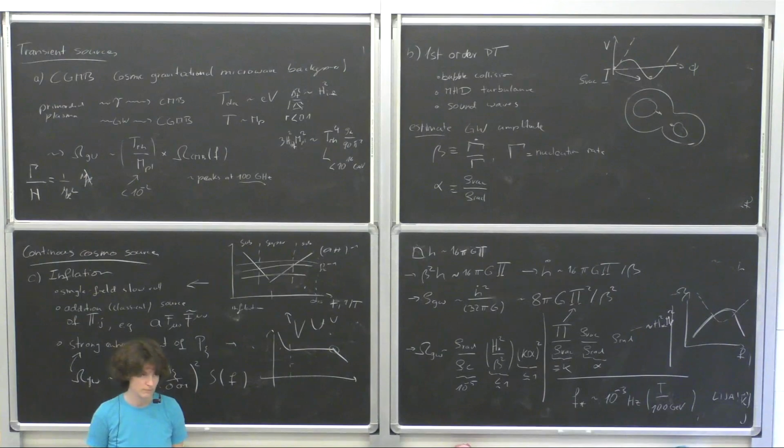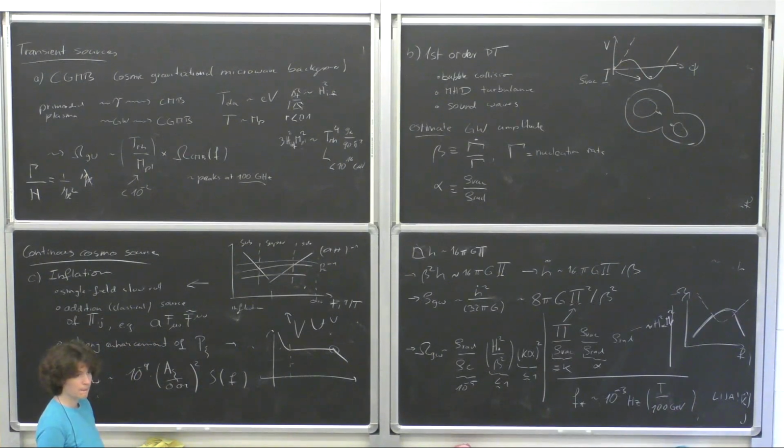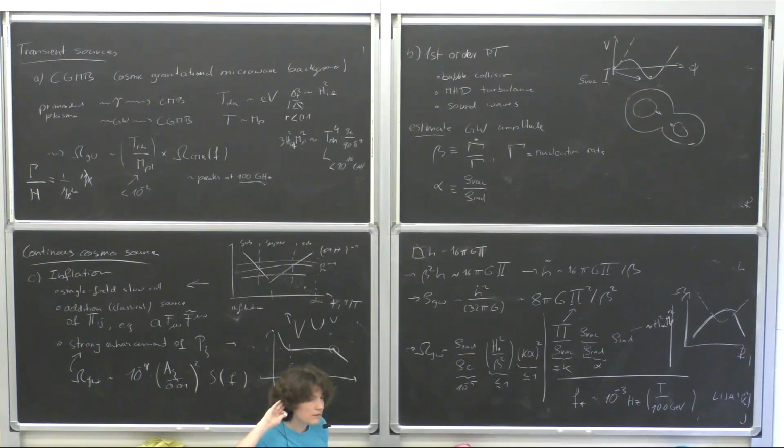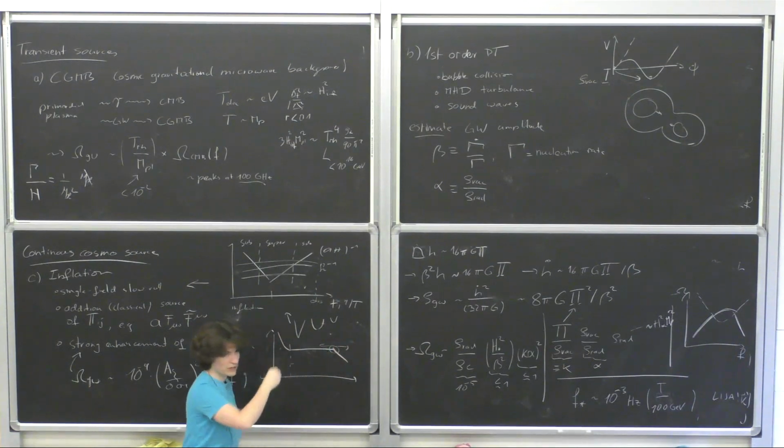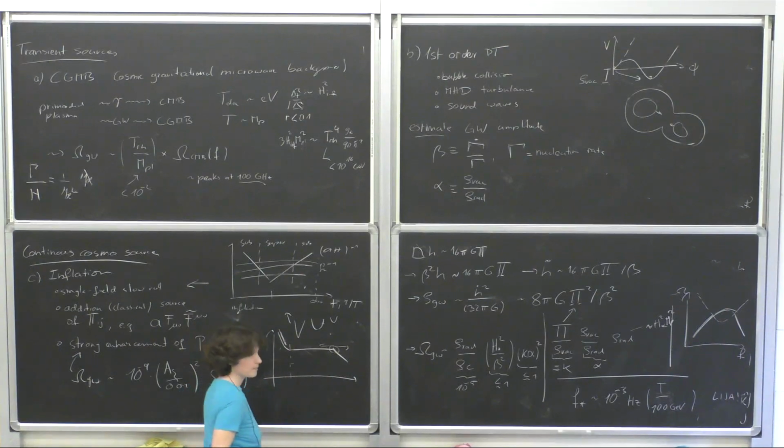Let's say like this. Yeah, roughly. Again, at this point you can shift, because we don't know the reheating temperature. But none of them probes this early phase. This is what the CMB probes here.